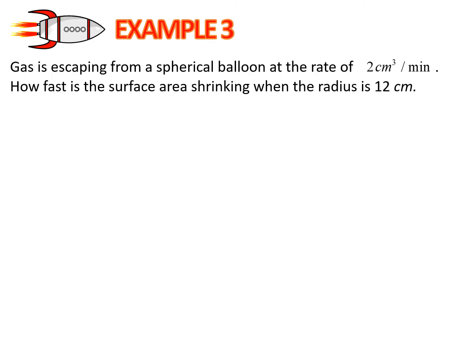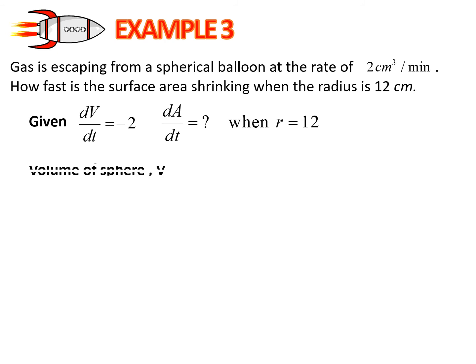Let's discuss example 3. Gas is escaping from a spherical balloon at the rate of 2 cm cubed per minute. How fast is the surface area shrinking when the radius is 12 cm? Given dV/dt equals -2 because the volume is shrinking, so we need to find dA/dt when r equals 12.